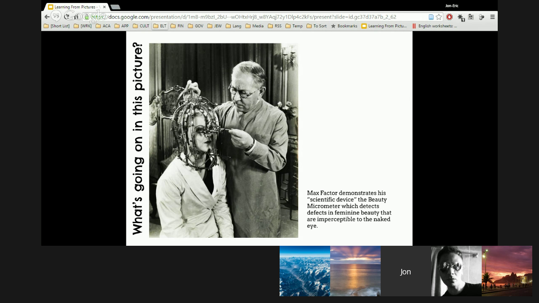This is Max Factor, famous for Hollywood movie makeup and women's cosmetic products even today. So that's the real Max Factor. There he is.